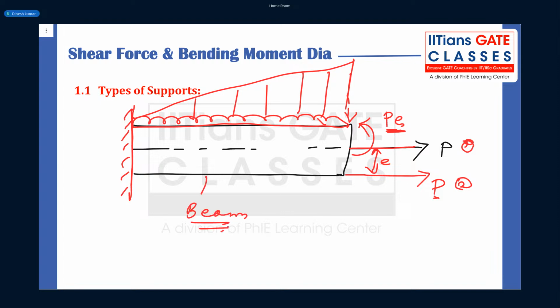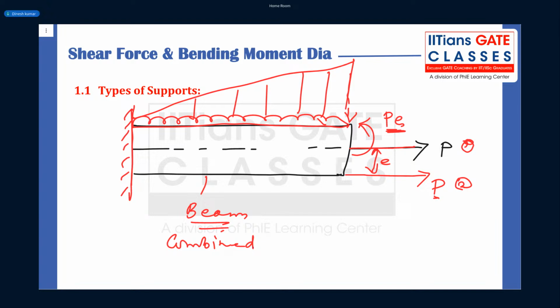Now guys, tell me, in a practical problem, in a real structure, will a slender structure be subjected to only axial load? Is it necessary? No. It will usually undergo a combined load, right?